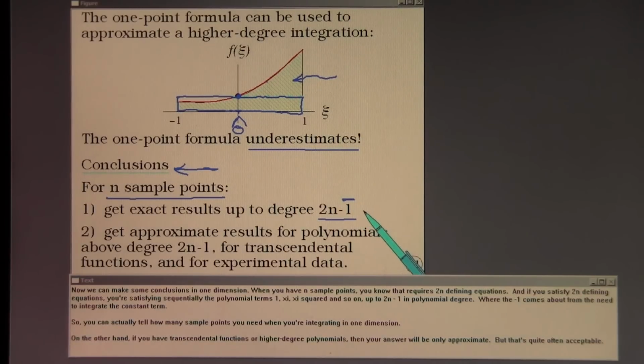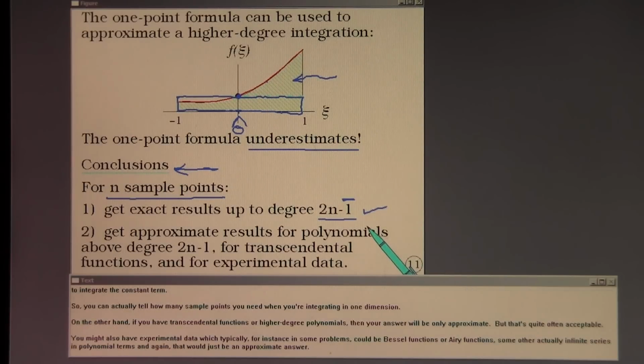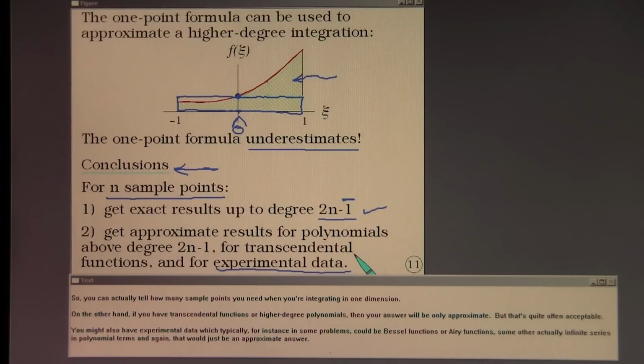So you can actually tell how many sample points you need when you're integrating in one dimension. On the other hand, if you have transcendental functions or higher degree polynomials, then your answer will be only approximate, but that's quite often acceptable. You might also have experimental data, which typically, for instance, in some problems could be Bessel functions or area functions, some other actually infinite series in polynomial terms, and again, that would just be an approximate answer.